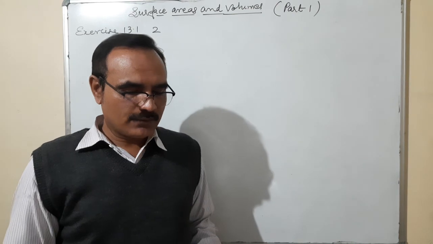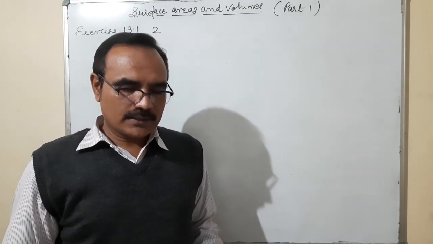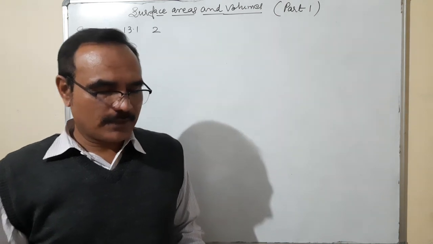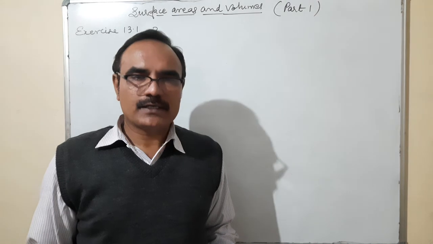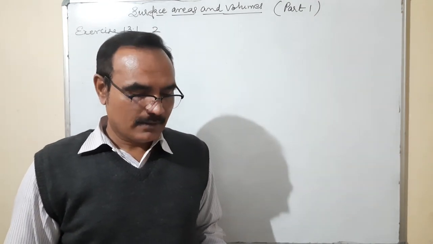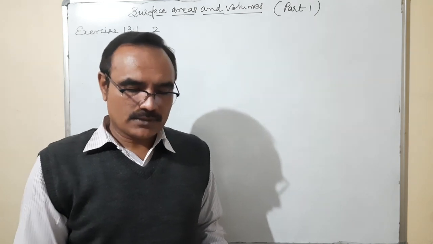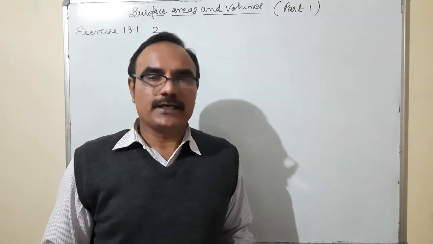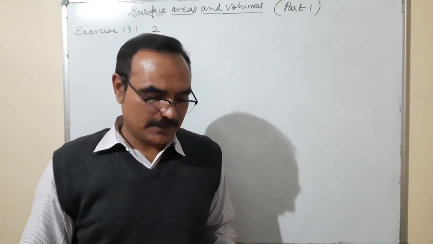Find the cost of the whitewashing of the walls of the room and the ceiling at the rate of rupees 7.50. Okay, so simple question: find the area of 4 walls plus area of ceiling, and then multiply by the rate.